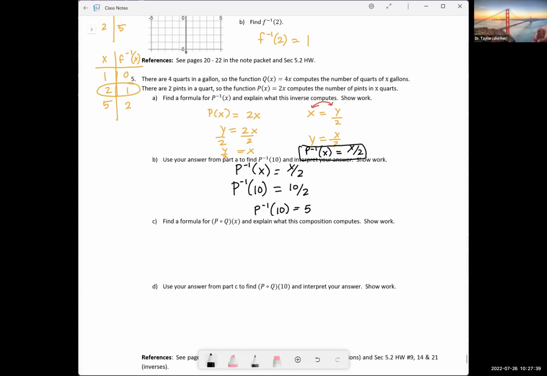So if the function computes the number of pints in quarts, then the inverse would do the opposite, right? It would give us quarts and pints. So this is 5 quarts equal 10 pints.